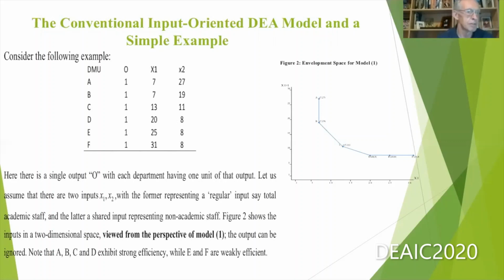Model 1 fails to properly capture the dynamics of shared inputs. Specifically, Model 1 presumes that an adjustment theta x_{i+1,j0} in a shared input when evaluating the efficiency status of j0 does not influence the status of other DMUs in that same faculty. But of course, this isn't true.